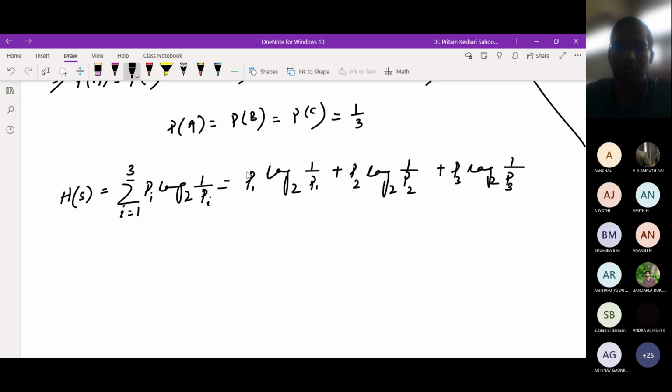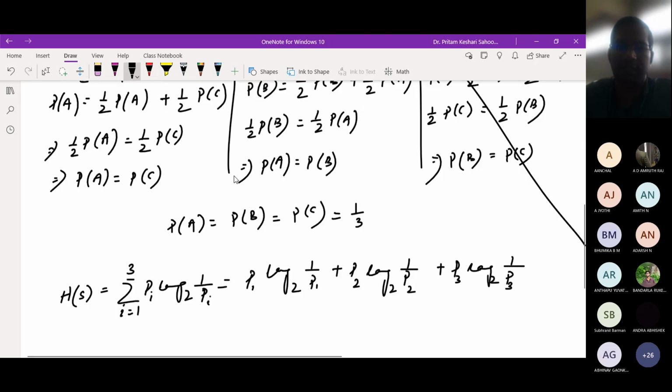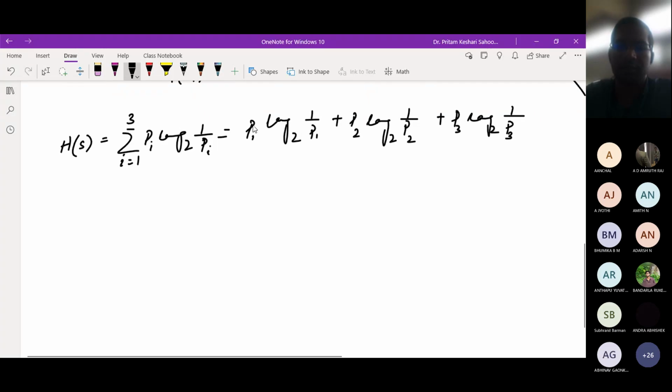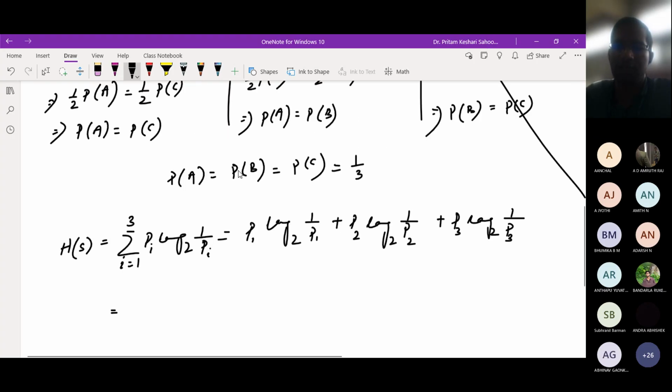Here we have the states whose names are A, B, and C. That means P1 stands for PA. So P1 is nothing but PA, P2 is your PB, P3 is your PC, and P of A, P of B, P of C is 1 by 3.